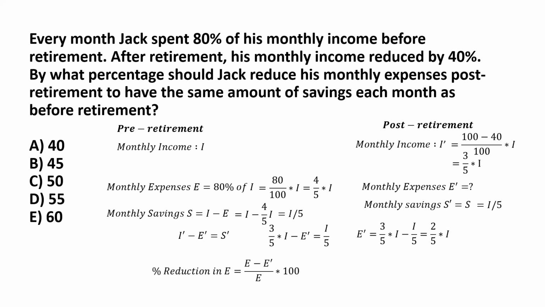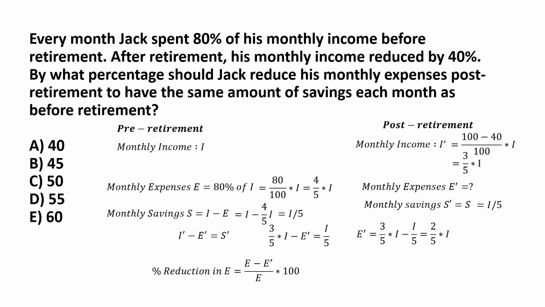pre-retirement monthly expense. So the way to evaluate that is simply, you basically obtain the difference of the two, so that's in the numerator. In the denominator, you basically have the quantity which is what you're calculating relative to. So in this case, it's relative to the pre-retirement expenses.